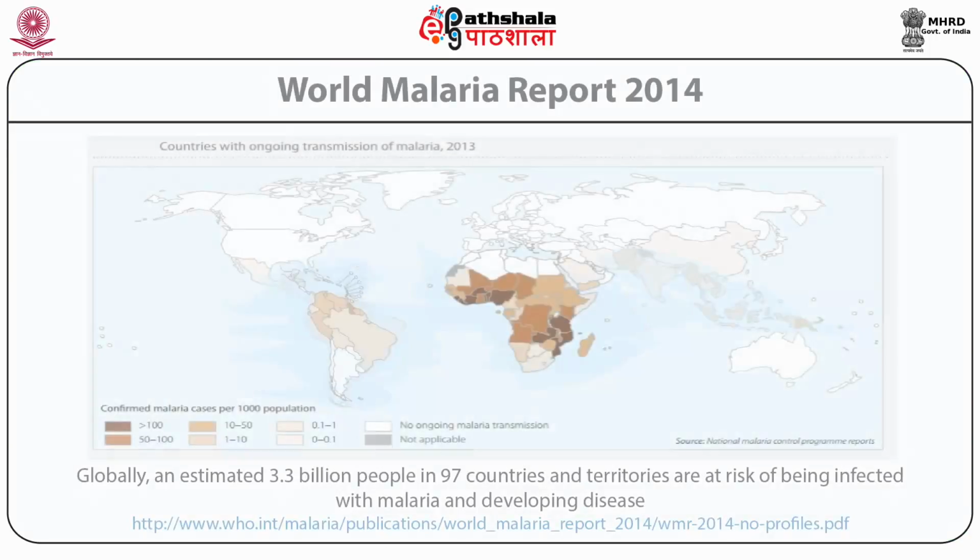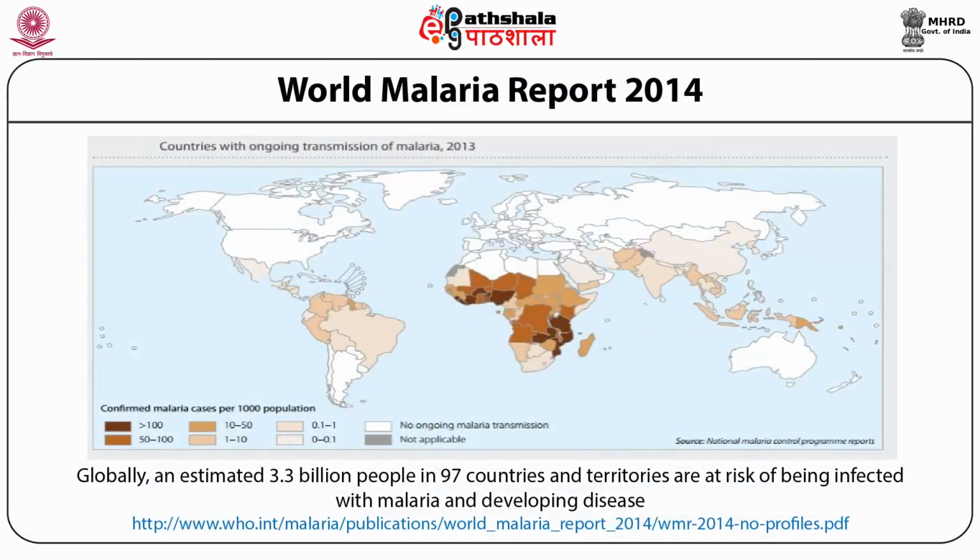malaria parasites in humans. In this picture, we can see that internationally an estimated 3.3 billion citizens in 97 countries and territories are at risk of malaria, while around 1.2 billion are at high risk of malaria transmission each year.